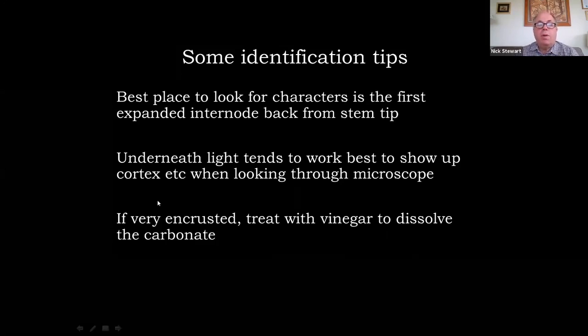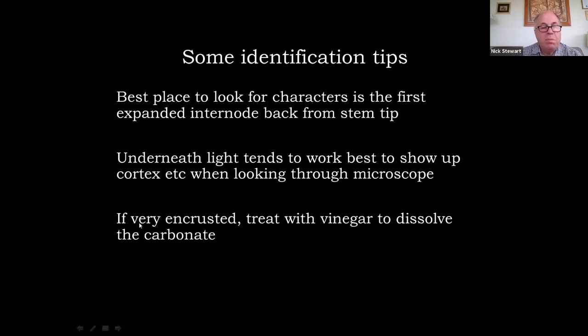Also, sometimes you can get some very encrusted plants, completely coated in calcium carbonate. If you stick it in vinegar for 10 minutes or so, that will dissolve away the carbonate, and you'll be able to see the stem underneath it much more easily.